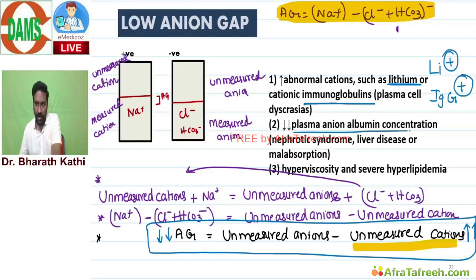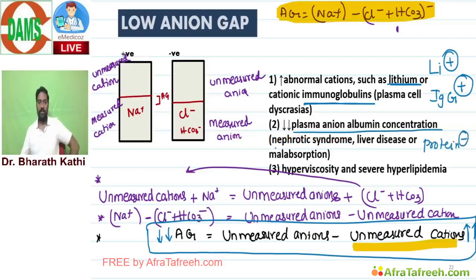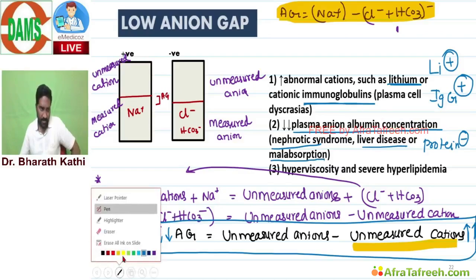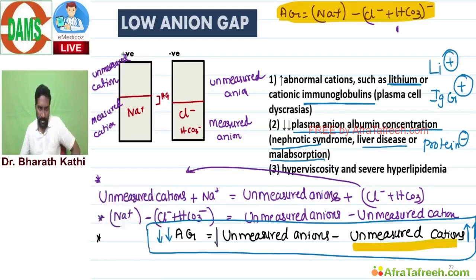Now second one, whenever plasma anion albumin concentration decreases. See, normally most important negative charges will be your proteins, unmeasured negatives, such as in nephrotic syndrome. Liver is the source of protein; in liver disease also protein decreases. In malabsorption, proteins are not absorbed. Now what happens is this unmeasured part decreases.